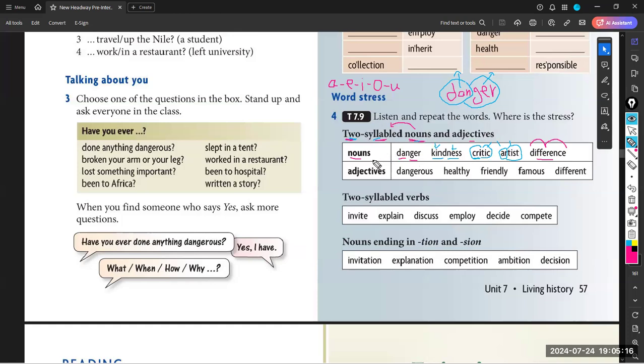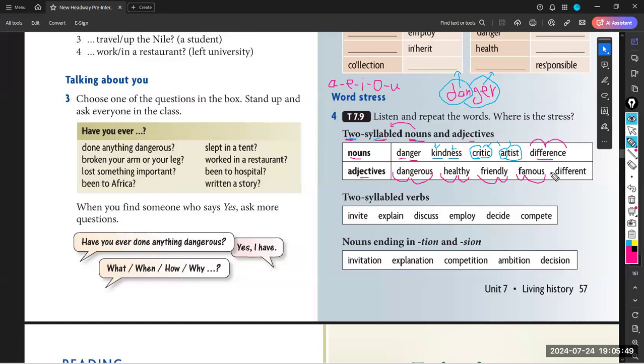Okay, now it's the same with adjectives, because we have some adjectives that are called two-syllabled adjectives. We have dangerous, two syllables. I cannot say it with three syllables because this is wrong. Healthy, two syllables. Friendly, two syllables.